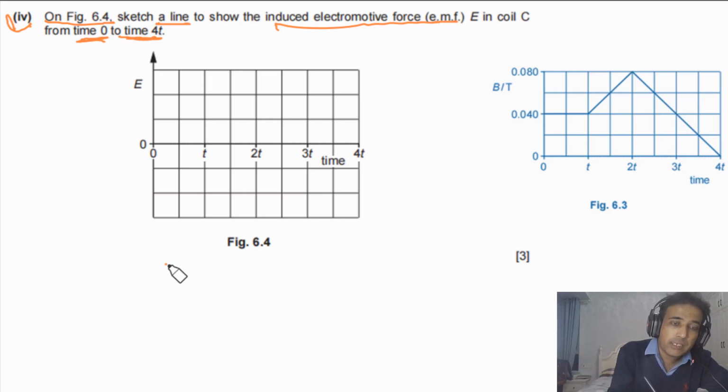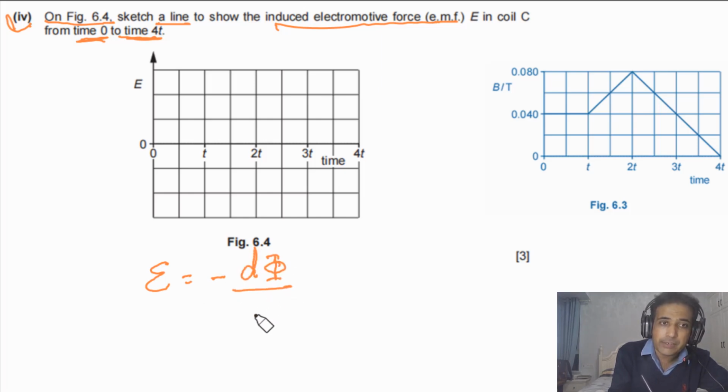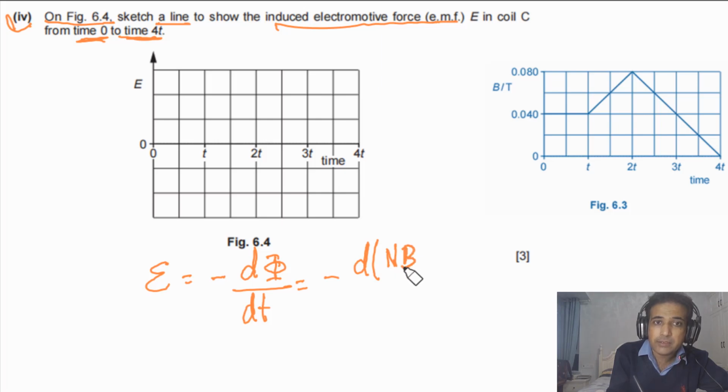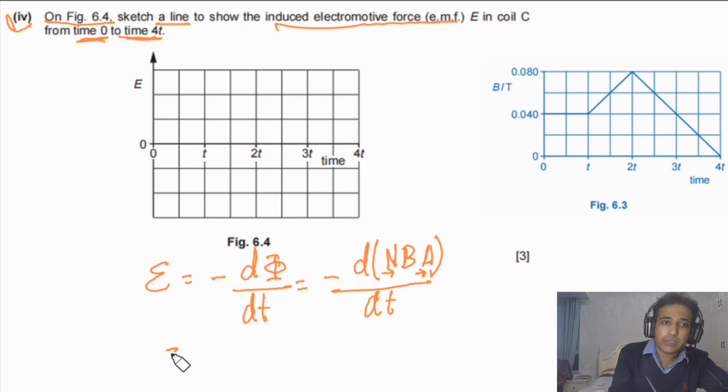So first of all, let's try to understand induced EMF. This is equal to negative of d phi by dt. So now simply we can say we have d, and magnetic flux linkage, this is NBA, so this is NBA divided by dt. In this case, N is constant, A is constant, so simply we can take these two quantities out.